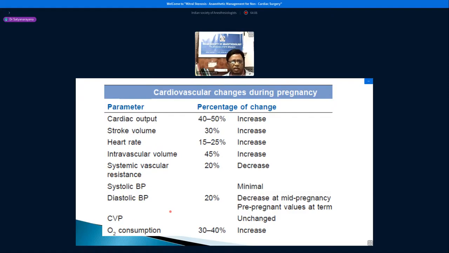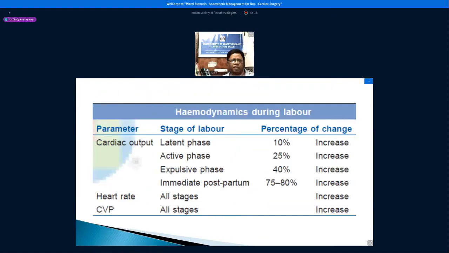All these factors predispose the patient to become symptomatic early, and at any point of the gestational period the patient can have a complication like pulmonary edema. The most awaited complication you can see is during labor, and particularly immediately after delivery, the cardiac output increases by more than 75 to 80%.